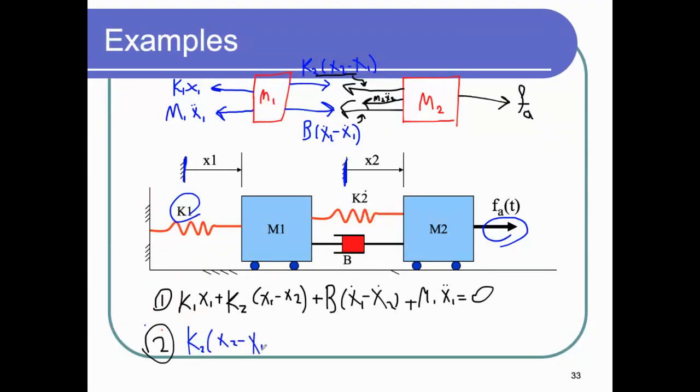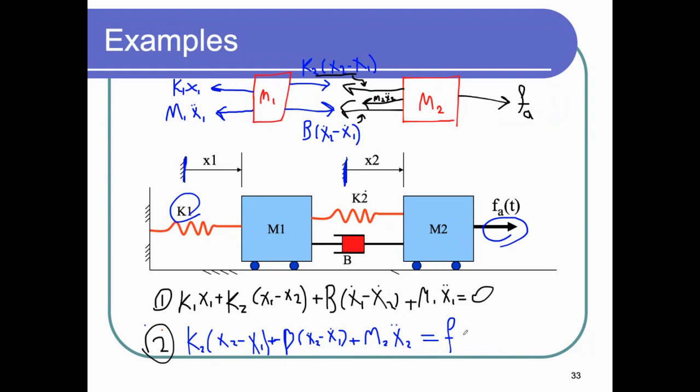Plus b multiplied by (x2 dot minus x1 dot). Plus m2 x2 double dot. Yes. Equal the applied force.